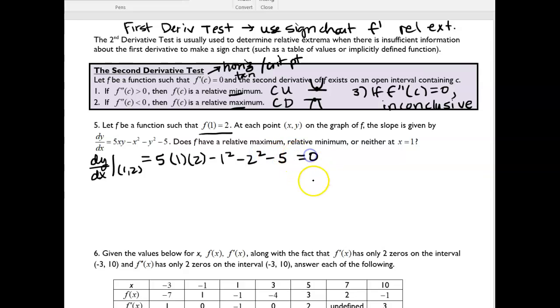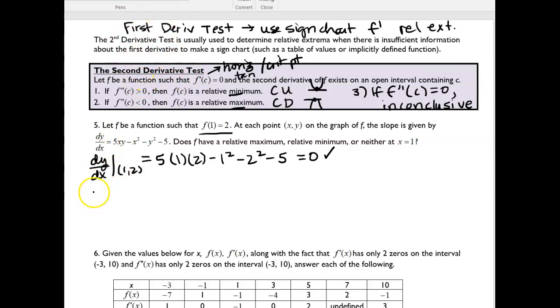That is 0. So you can go on to the next step. If you don't get 0 there, automatically this cannot be a max or a min. If you got something that was undefined, it could be a max or a min, but you would have to have some more information in order to figure that out. In this case, we wouldn't be able to use the second derivative test.